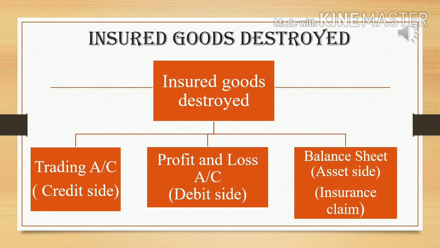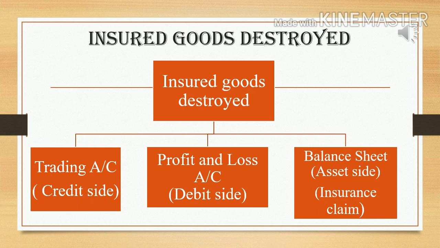When uninsured goods are destroyed, it has two effects, which is normal, as all adjustments have two effects. But when insured goods are destroyed, they actually have three effects. Yes, this is the only adjustment which actually has three effects in the final account. So, insured goods means insurance was taken by the businessman, correct?